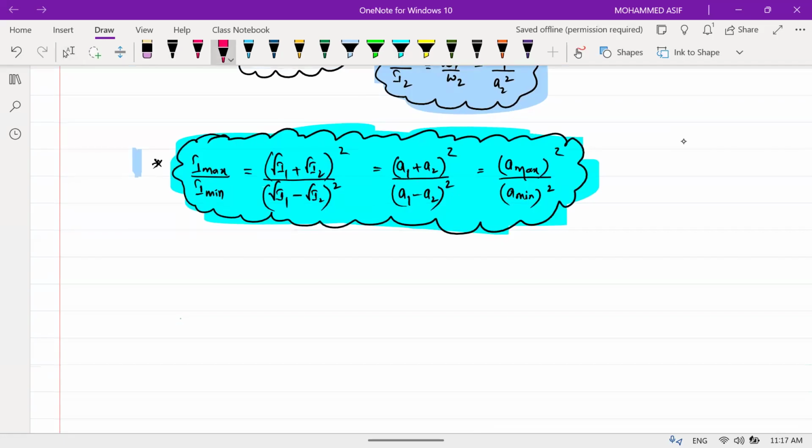And one more important term: fringe visibility. What do you mean by fringe visibility?